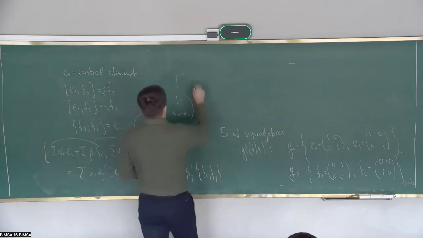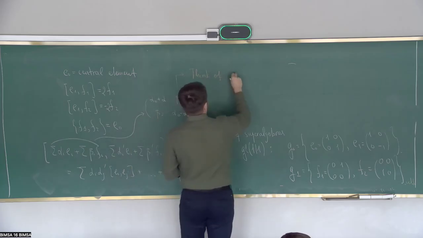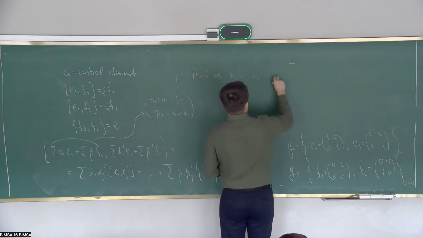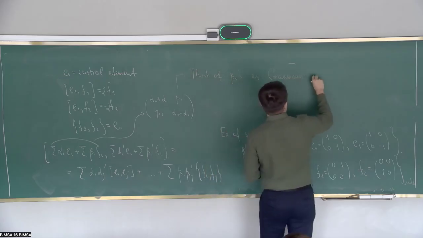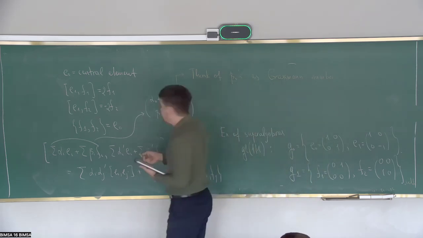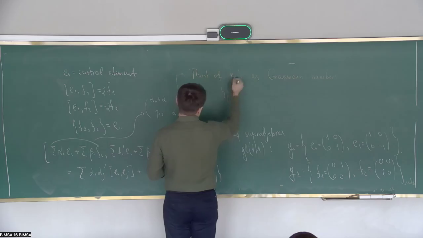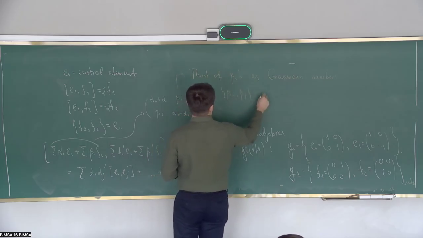So think of these as Grassmann numbers. Remember, Grassmann numbers are anti-commuting variables. These are not elements of any superalgebra; they are just formal anti-commuting variables.